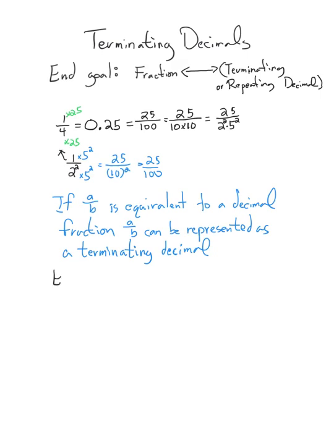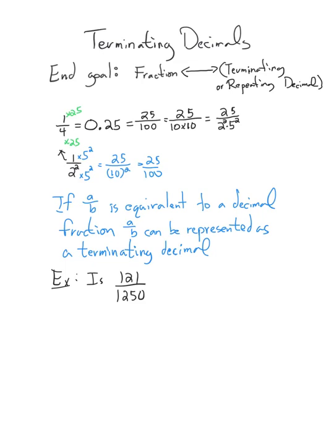So, is 121 over, let's say, 1,250 a terminating decimal?